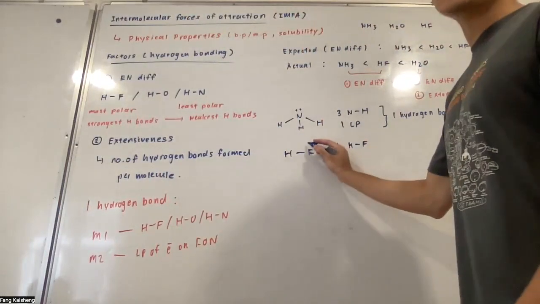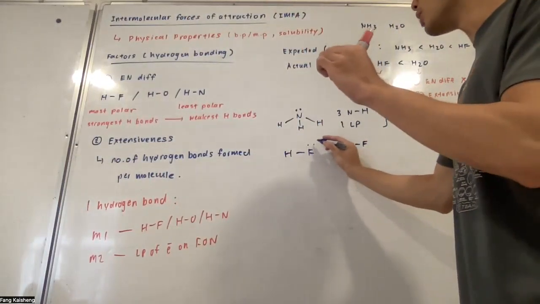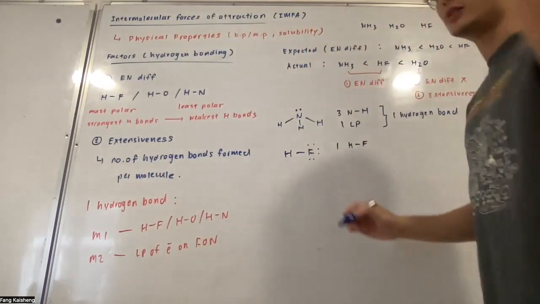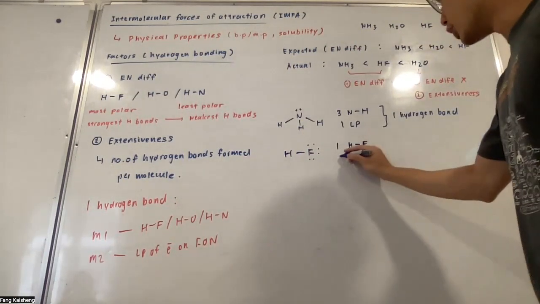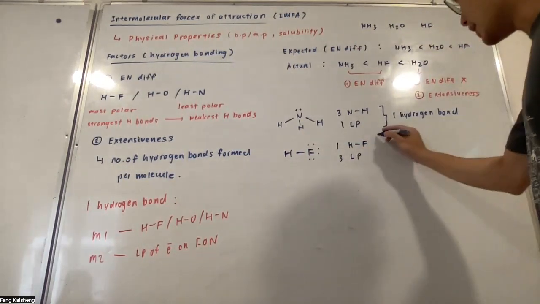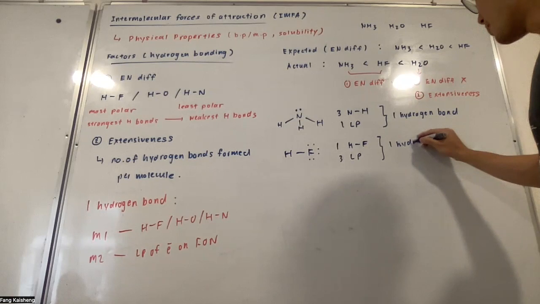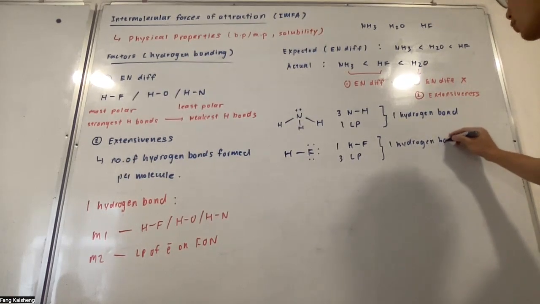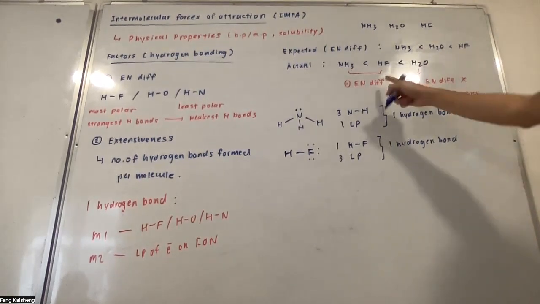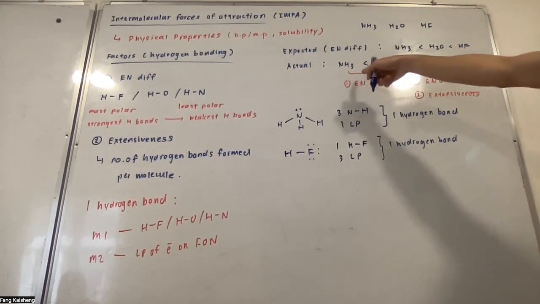Okay, guys. 3 lone pairs, because fluorine has 7 valence electrons, so only 1 of it is used in bonding, the other 6 not doing anything, right? So 3 lone pairs on F. In total, guys, how many hydrogen bonds can you form with this set of criteria? 1. And before I move on, guys, can we use extensiveness to compare this first set over here?